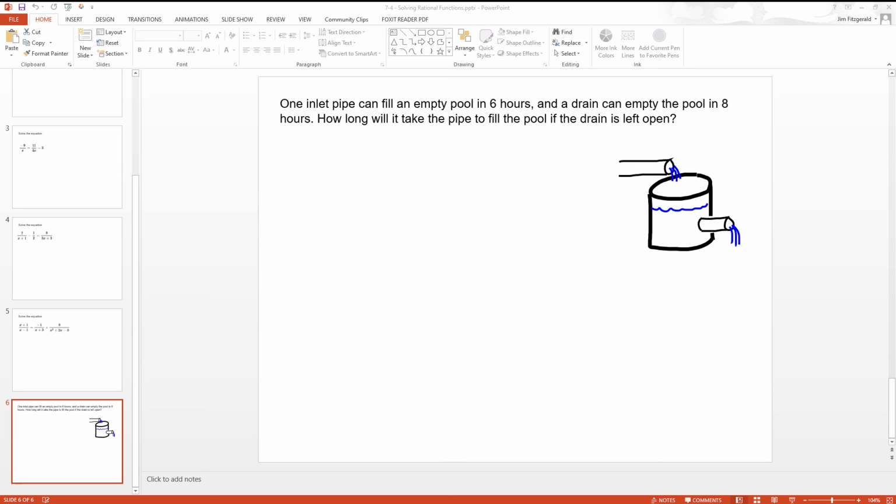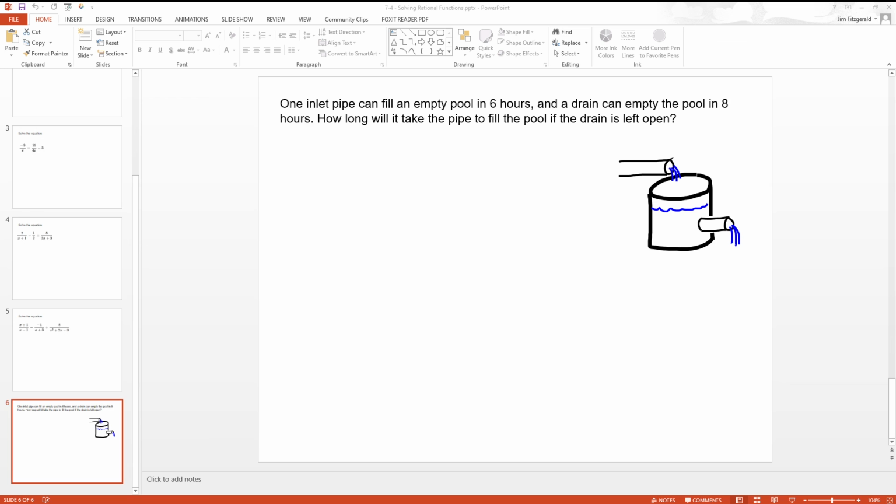So I'm going to multiply everything by 24. So I've got 24 times t over 6 minus 24 times t over 8 is going to equal 1 times 24. Multiply every term there. 24 divided by 6 is going to be 4t.